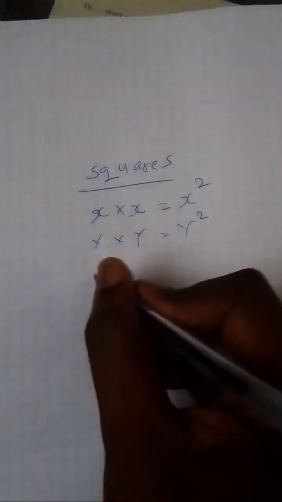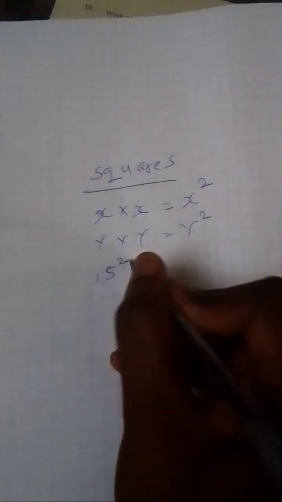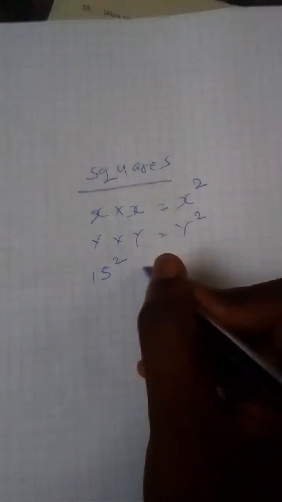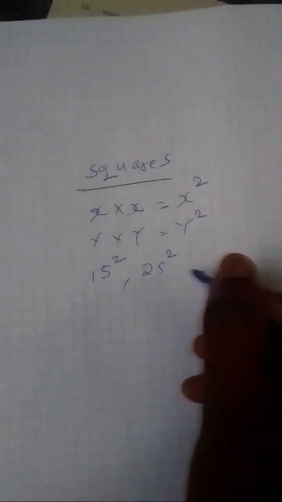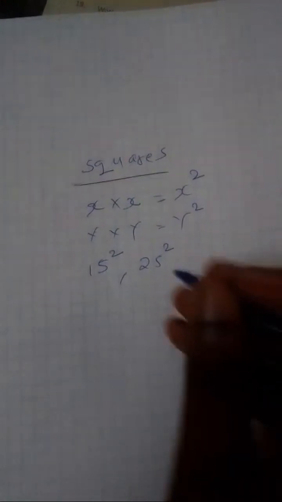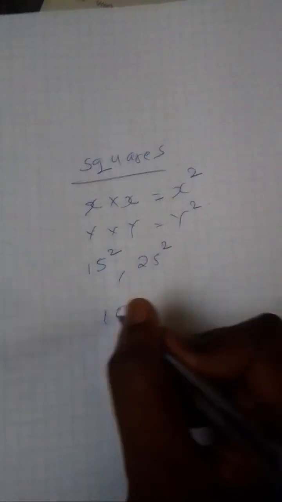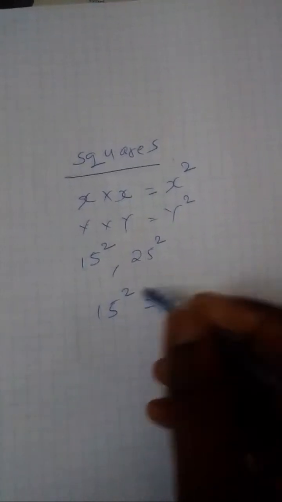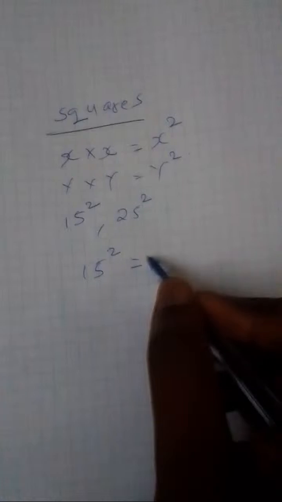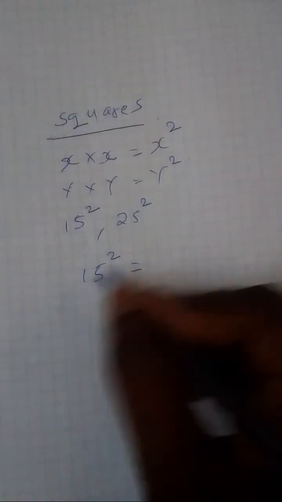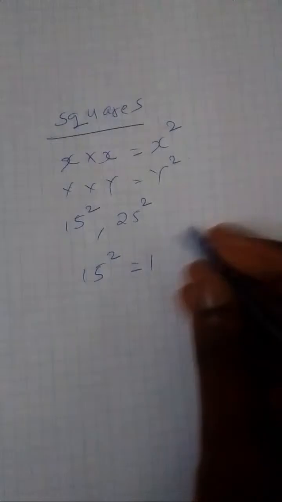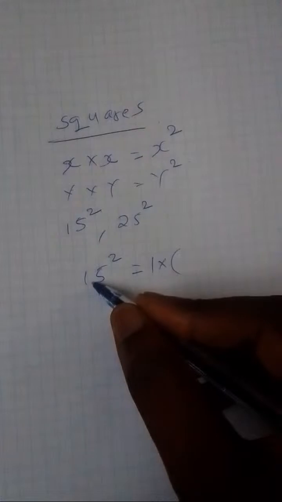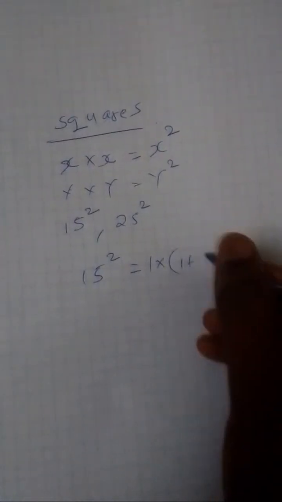Now, there's a trick that you can use to get, for example, 15 squared. We can also calculate maybe 25 squared. Like when you take 15 squared, it is equal to this number here, that is 1, which we multiply by 1 plus 1.